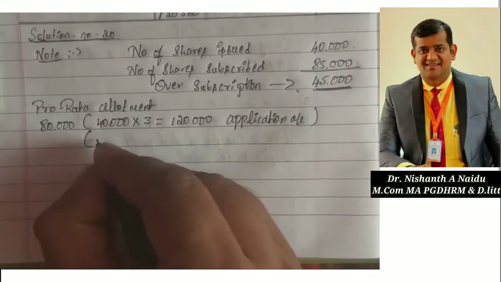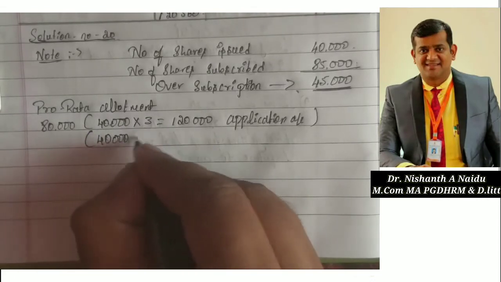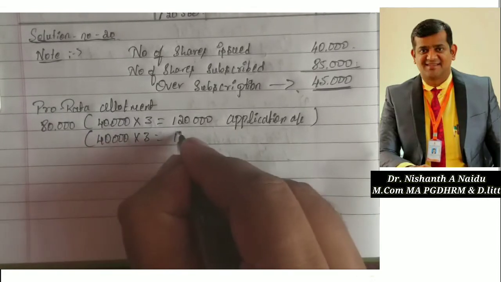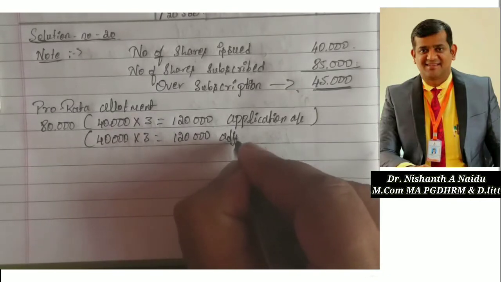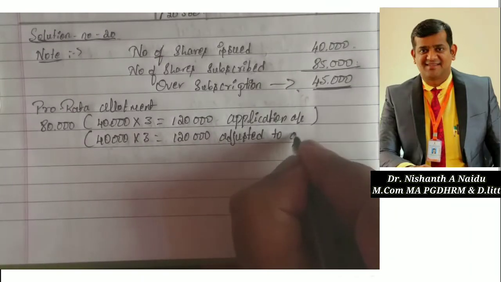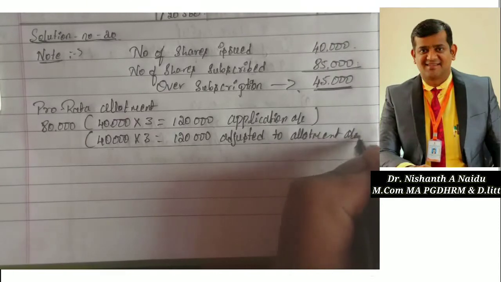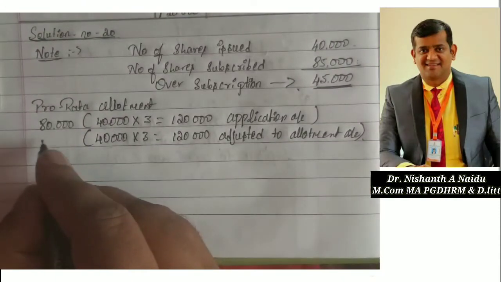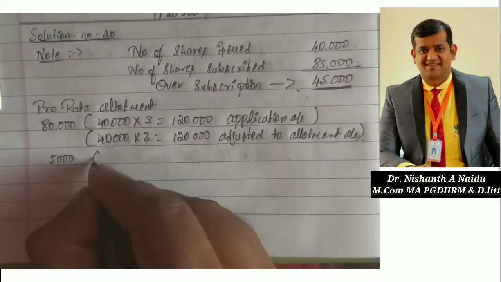Secondly, the other 40,000: 80,000 minus 40,000 is 40,000 into 3. The same amount comes, 1,20,000. This is adjusted to the allotment account. Next, the rest 5,000 has been rejected.